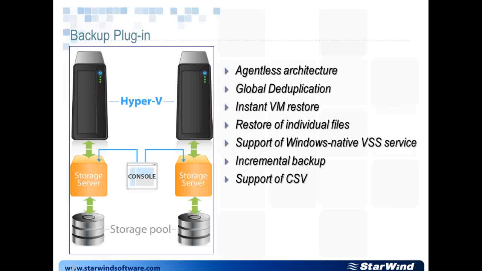And of course, support of cluster shared volumes, CSV. In a server cluster using CSV, numerous virtual machines that are located on different cluster nodes have access to their VHD files simultaneously, even in case the VHD files are stored on the same disk, logical unit number, within storage.